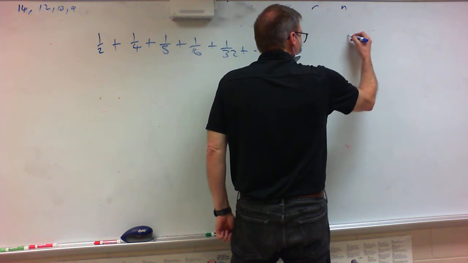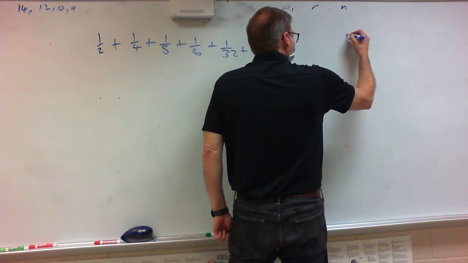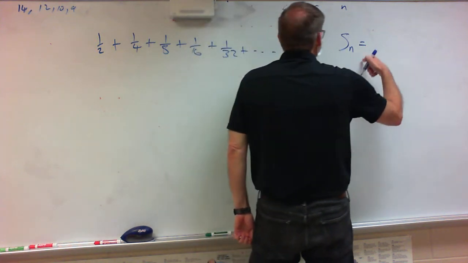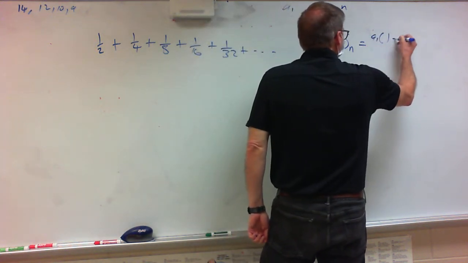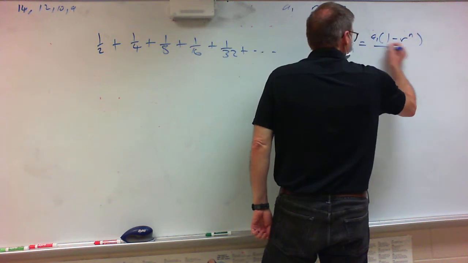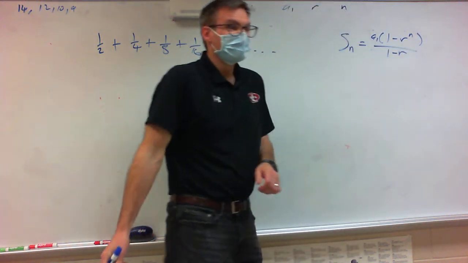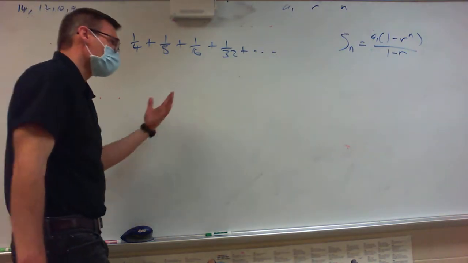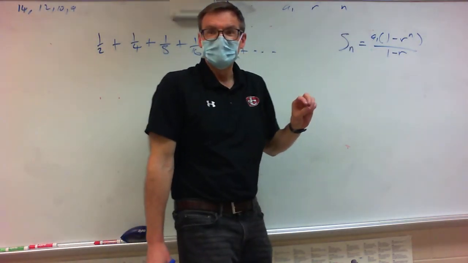And we get this lovely little formula that the sum of the first n terms of a geometric series is your first term times 1 minus your common ratio to the number of terms, all over 1 minus the common ratio. The intent of the problems I gave you yesterday was to practice this enough so you get comfortable with the formula.